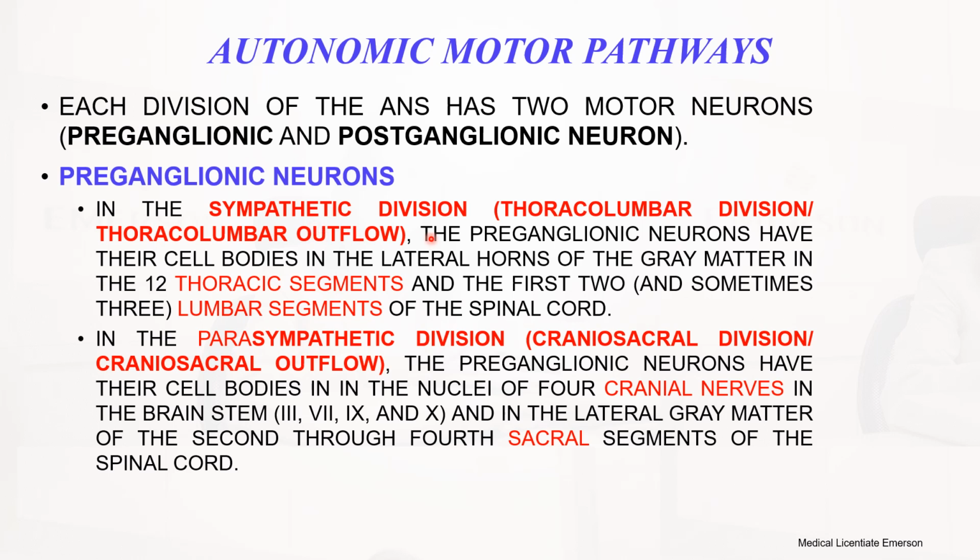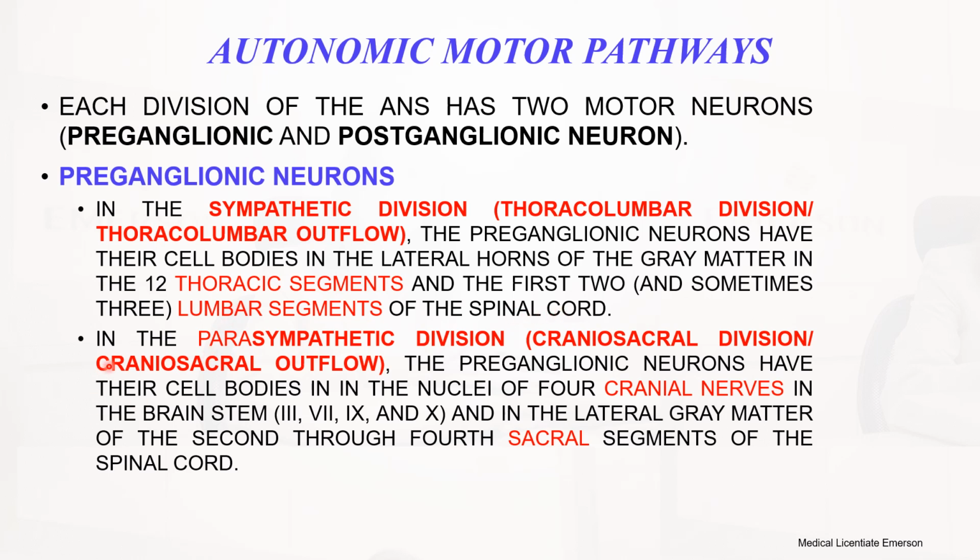So in the sympathetic division, which is the thoracolumbar division or thoracolumbar outflow, the preganglionic neurons have their cell bodies in the lateral horns of the gray matter in the 12 thoracic segments, and the first two and sometimes three lumbar segments of the spinal cord.